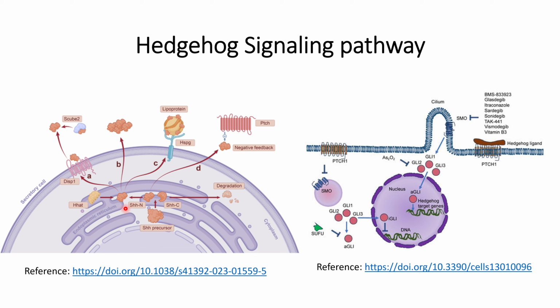The next case is with the help of HSPG receptors, where the lipoprotein can act as a vesicle that will load this SHH-N and transport it over a long distance.